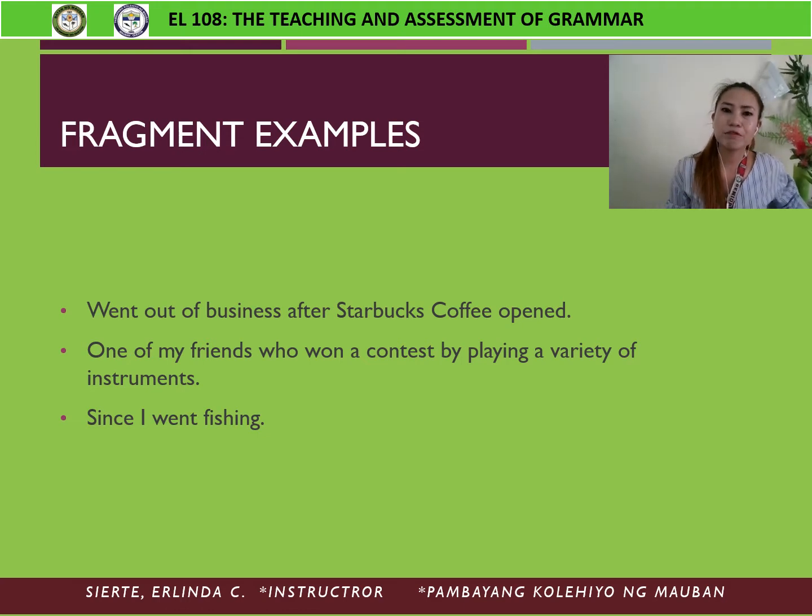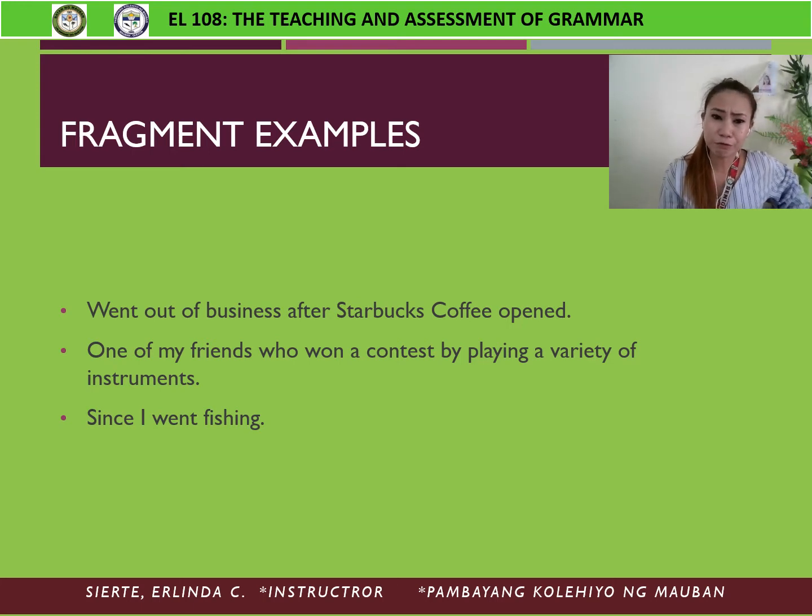Next, example of a fragment sentence: Went out of the business after Starbucks coffee opened. We cannot see what the point is here. There is just something being done. So who is the subject?